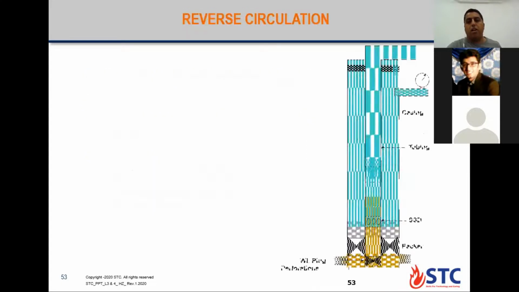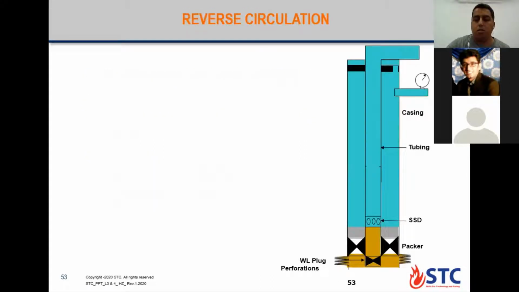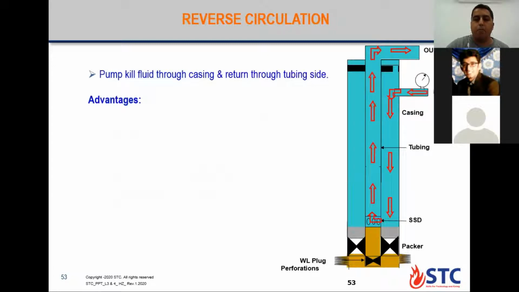Let's check the reverse circulation. The same, you start to pump from the annulus, from the valve on the tubing spool, and get the return after you install the wireline bridge plug or wireline plug and open the SSD, getting return from the string.